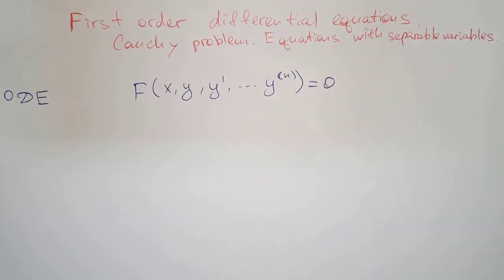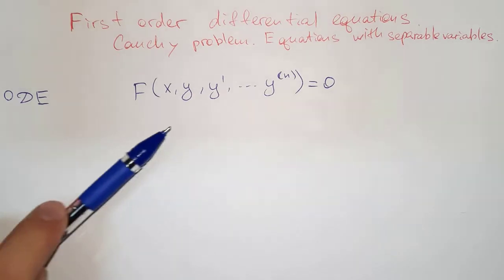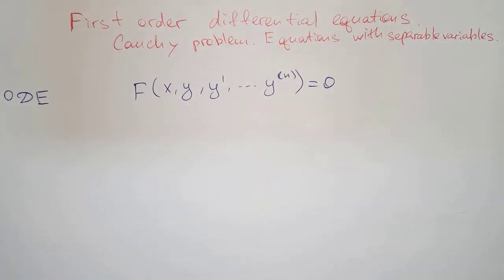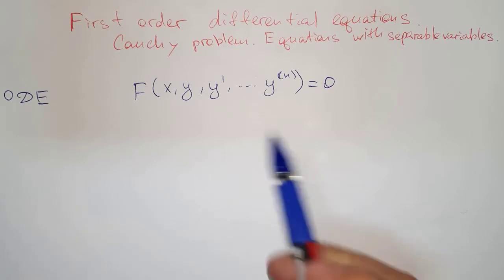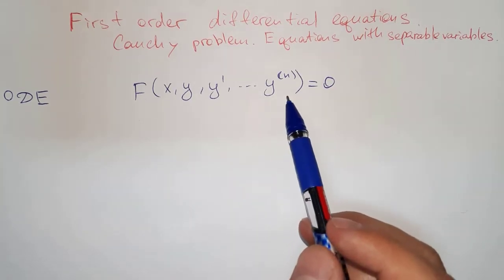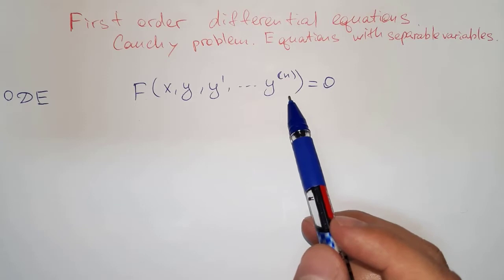This we call an ordinary differential equation of order n. Here F is a real map depending on n plus 2 variables. The differential equation has order n, since the highest order of differentiation is n.